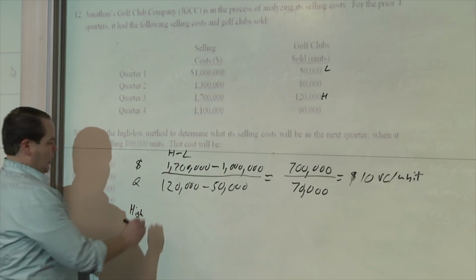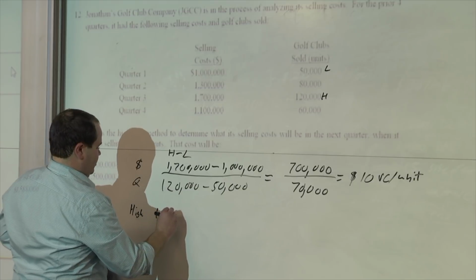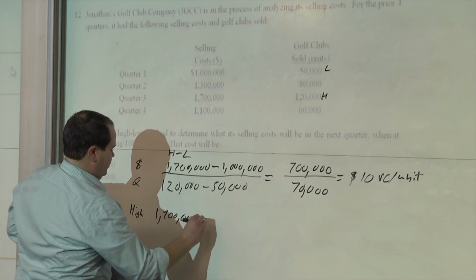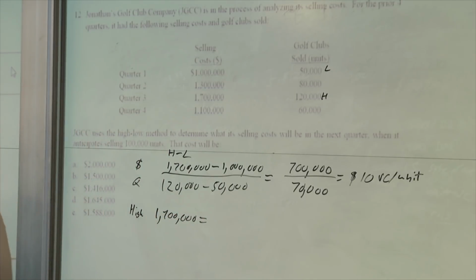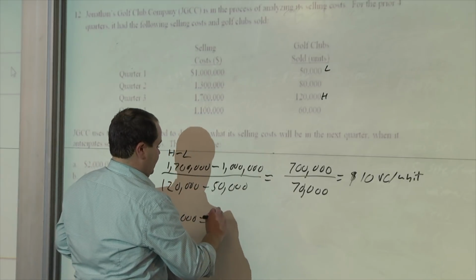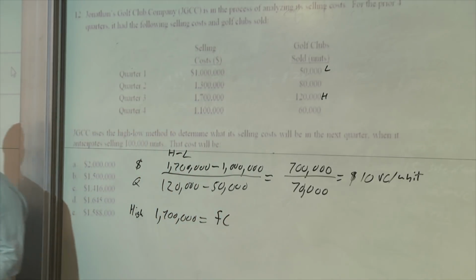we have total cost 1.7 million, right? Just take that right from there. And what is total cost? It's variable costs times the number of units plus fixed costs, right? So fixed costs is some number we don't know.